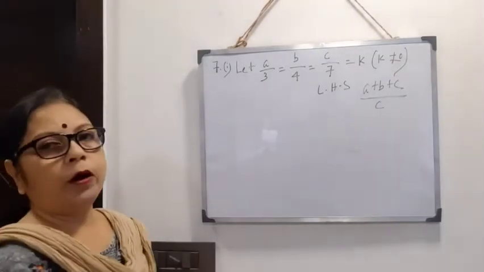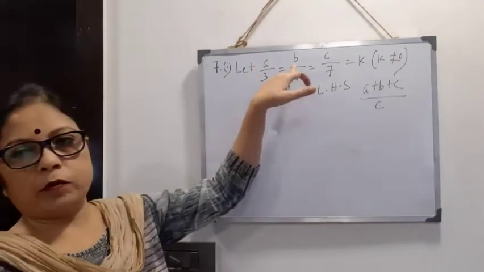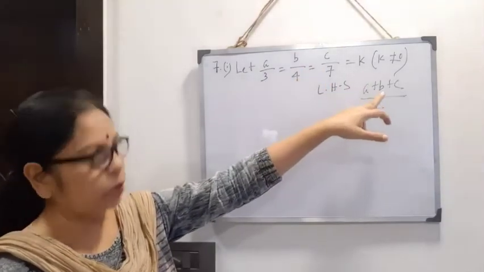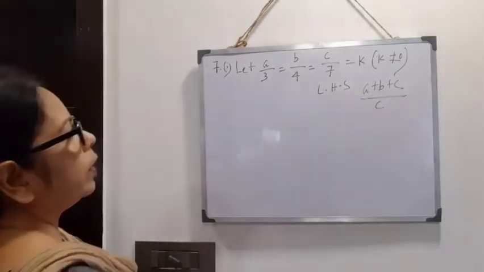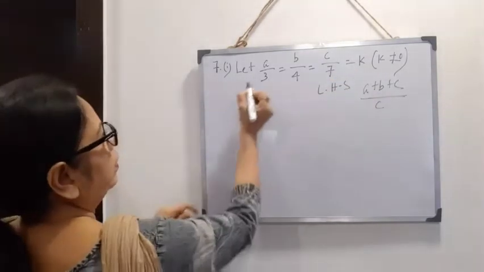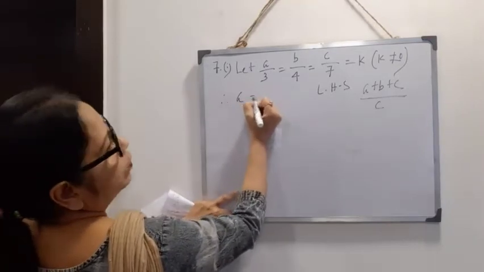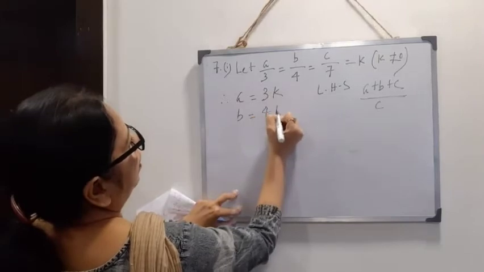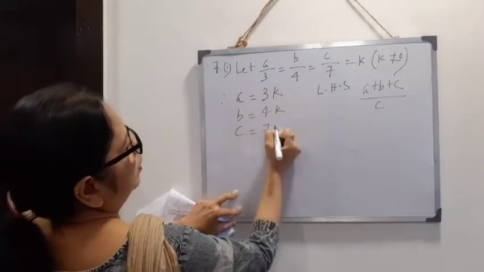Sum number 7.1. It is given that a by 3 equals b by 4 equals c by 7. You have to prove that this equals 2. Clear? Now we are considering here, let this equal k, where k is a non-zero constant. So from here we can write a equals 3k, b equals 4k, and c equals 7k.